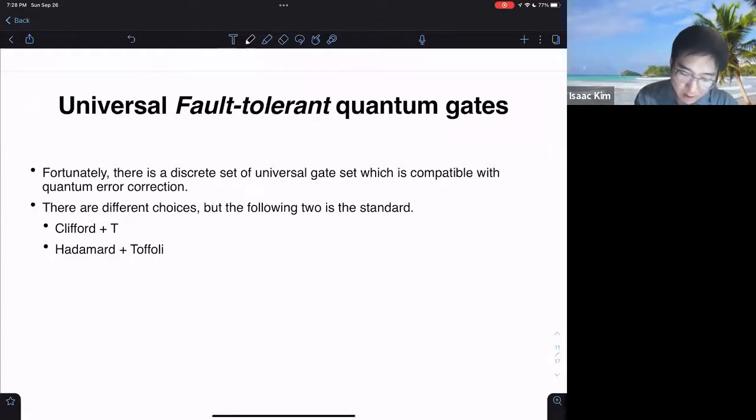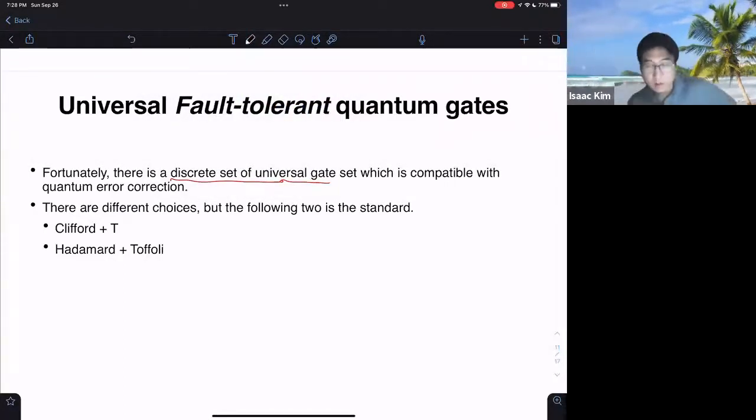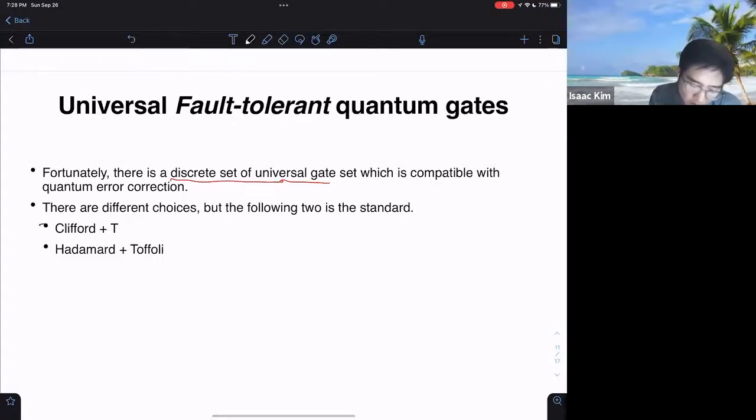This is a discrete set of gates, meaning the gate set is not continuous; it's finite, but that is okay because it's still universal. There are different choices, but two really stand out. One is called Clifford plus T, and the other is called Hadamard plus Toffoli. Toffoli is the thing that we talked about before, and Clifford plus T we'll talk about soon enough.